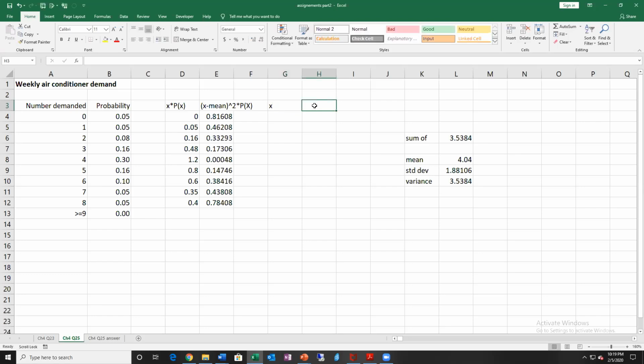Column G, labeled X, is the number that we can supply. Y is the number of special stock out orders that are required, if any. So here's the deal. If X is 0, we'll do it right here. X is 0. What is Y going to be? How many stock out orders do you need?